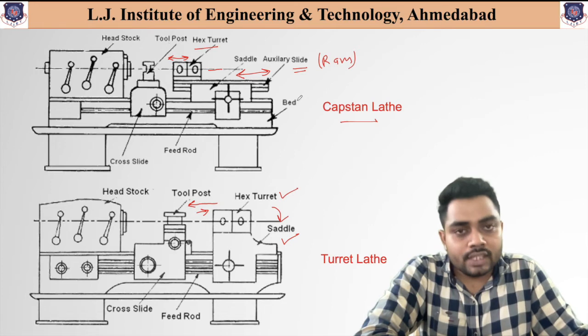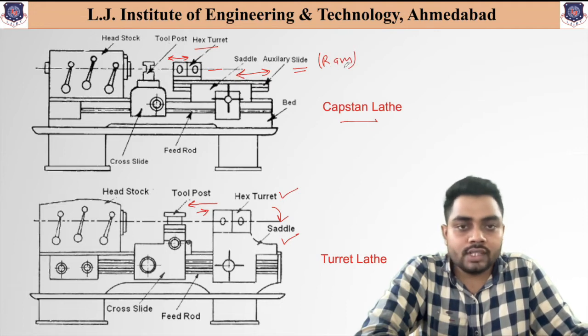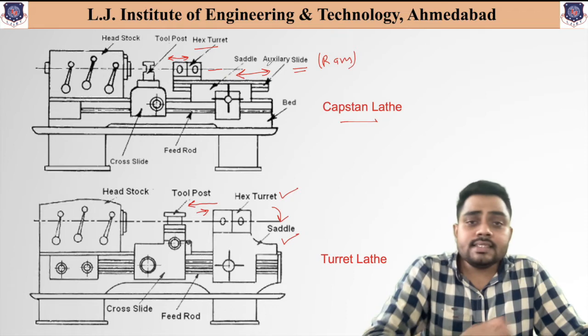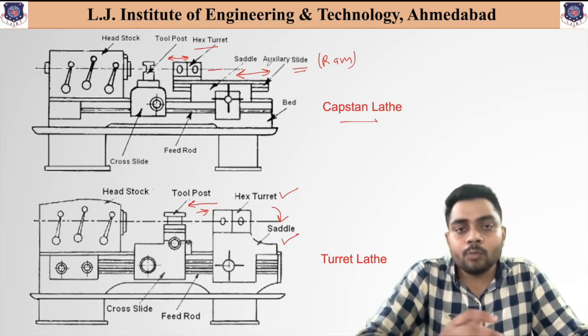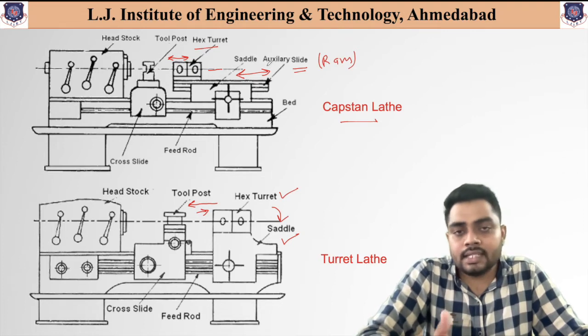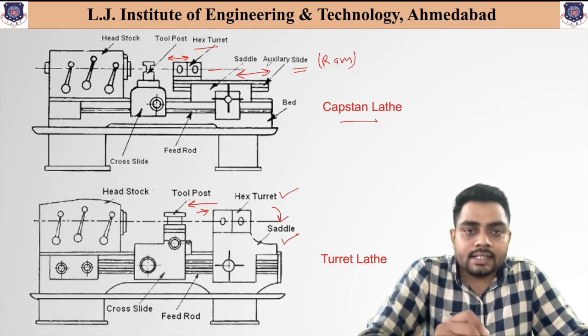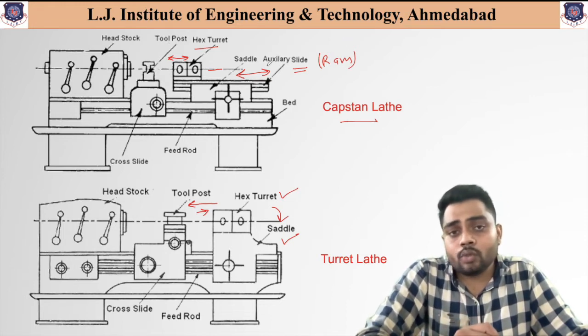Similarly, in the capstan lathe, movement of the tool is carried out by the reciprocating or to and fro motion of the ram or the auxiliary slide. So this is the basic difference between the main important components and their movements in the capstan and turret lathe. Now we will see in detail the difference between these lathes, which is a very important topic to understand.